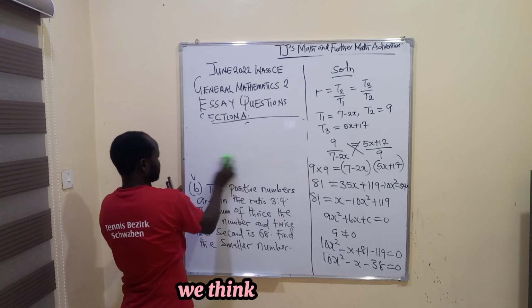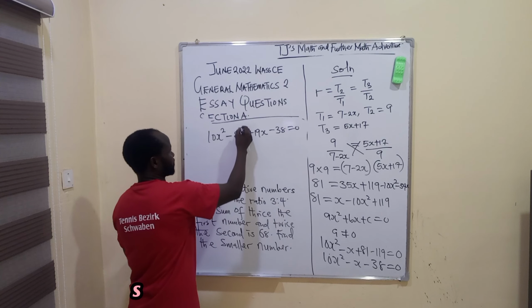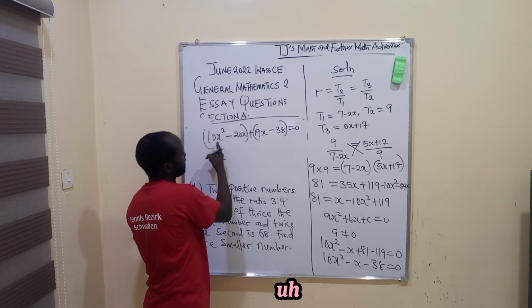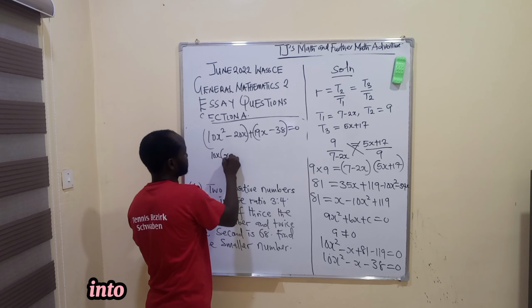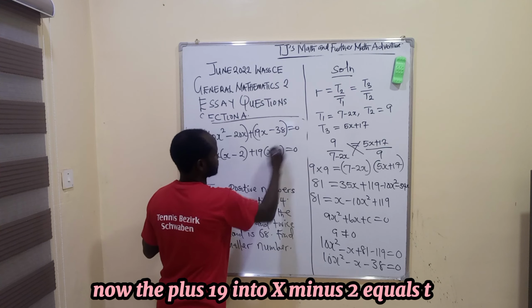So we replace the middle term here, which is minus x, with the two factors. Now we can group this and factor out. What is common here is 10x into (x minus 2). What is common here is plus 19, that will be plus 19 into (x minus 2) equals 0.